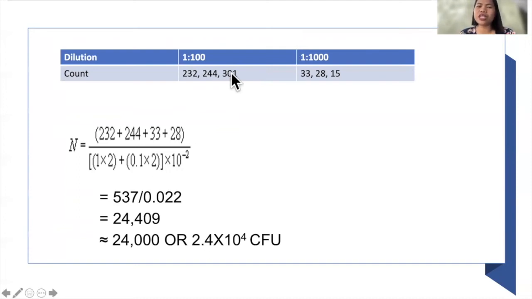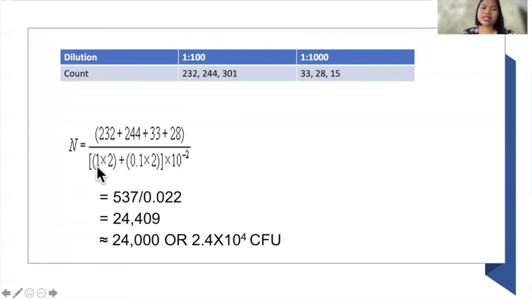And then we can also count 33 and 28. We will exclude 15 because it's not within the normal plate range. Okay, so we have here 232, 244, 33, and 28.